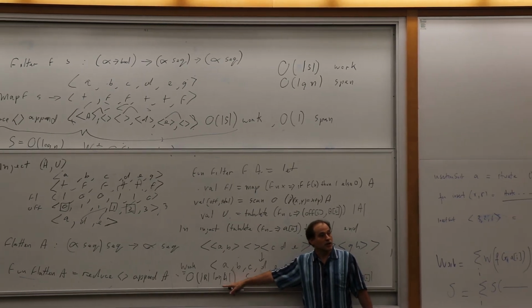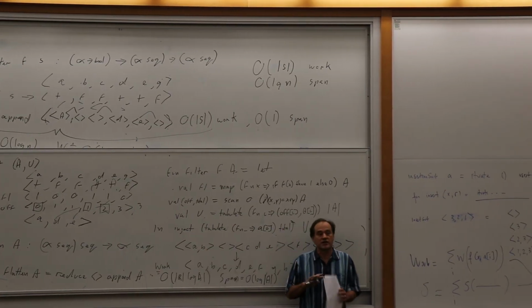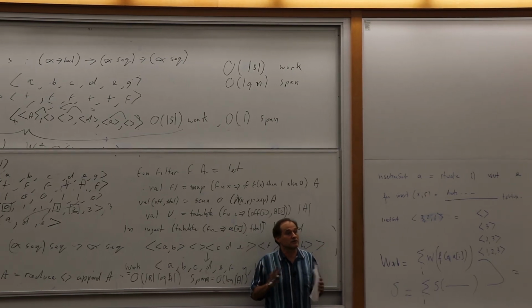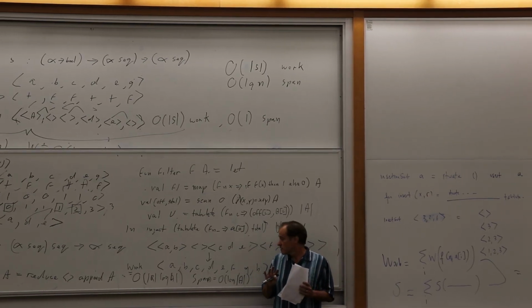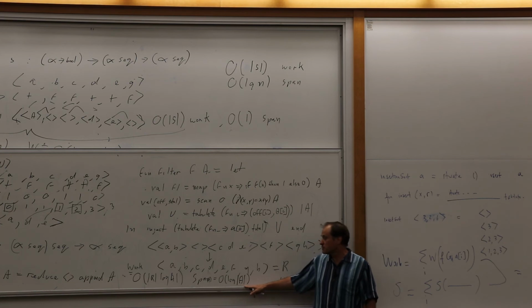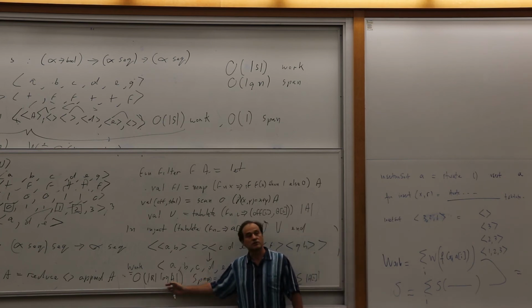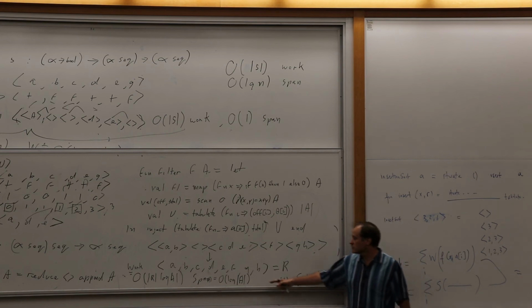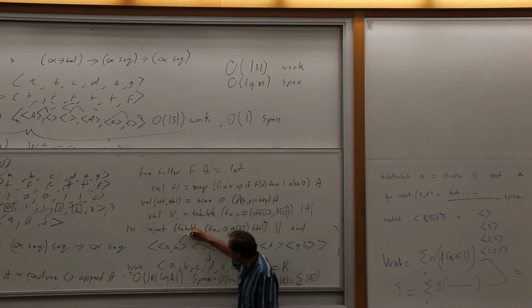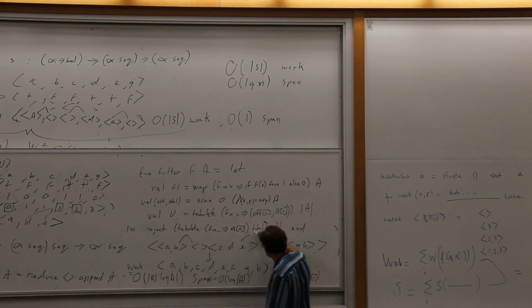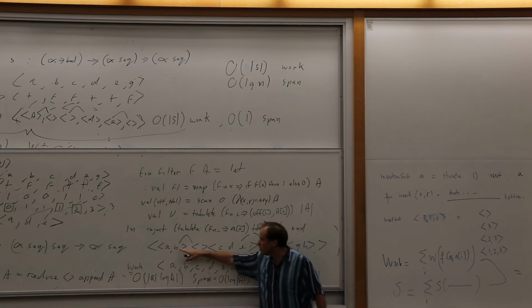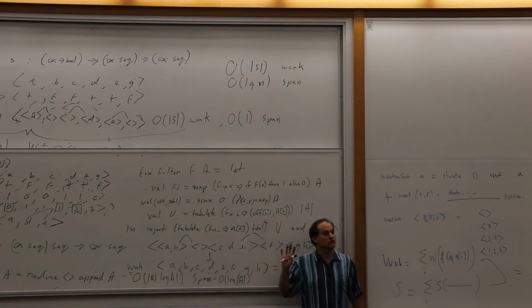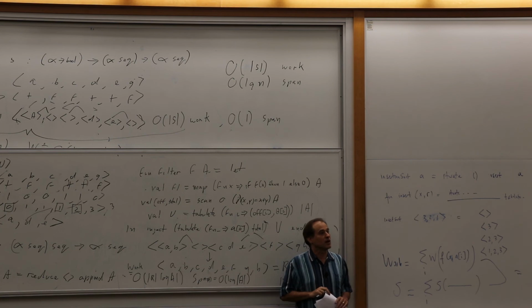So if I have a constant number of subsequences, I don't have to worry about doing anything fancier. I'd be happy with this. And the span would also be constant. In fact, I could just append them all, and it would be constant total span and linear total work. Because what I'm going to do is a reduce, and the reduce tree is going to be on these elements here. So if there are only 3 of them, the reduce tree is only 2 high.